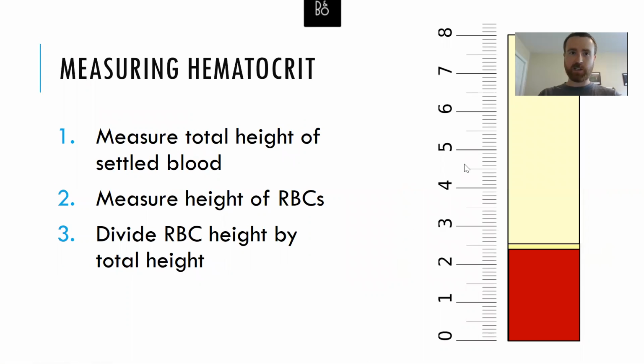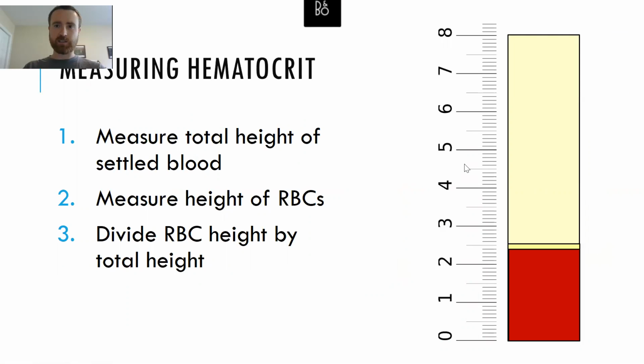So what we have right here is a simulated hematocrit tube. This is Anna's hematocrit. This entire column is the height of her blood. I've included a ruler right here, so you don't have to get out your ruler and hold it up to your screen to measure. This right here is the red blood cells.